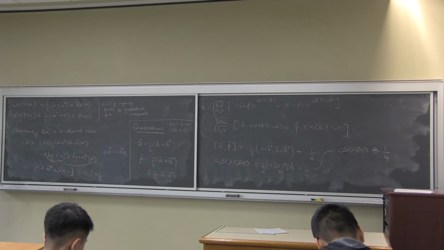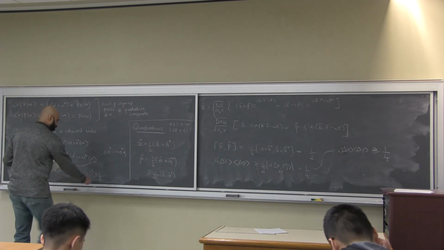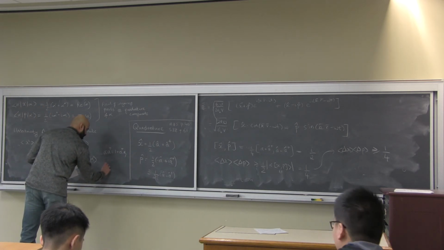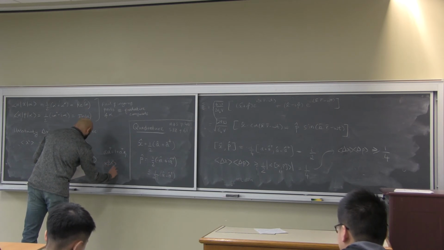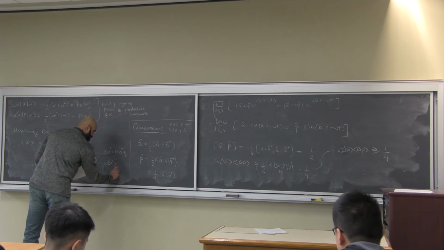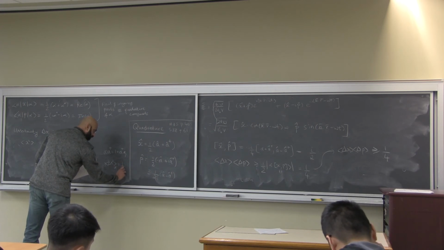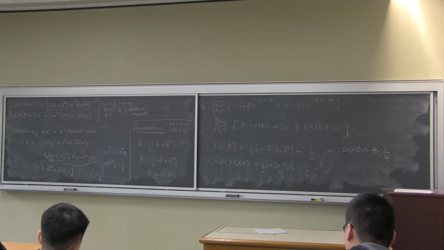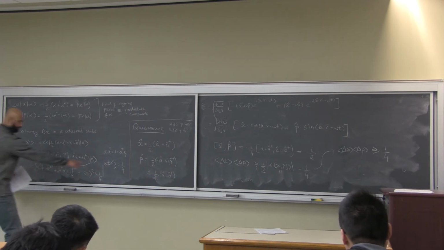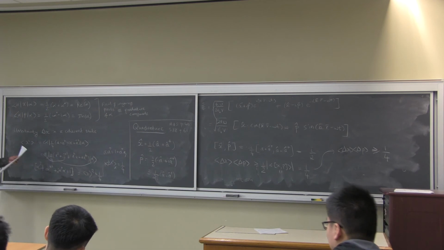So the variance delta x squared in the coherent state alpha is simply 1/4, because you just subtract off the expectation of x, squared, so all I'll be left with is 1/4.